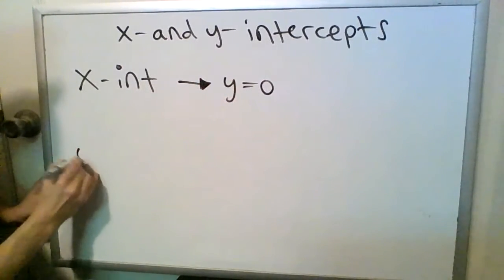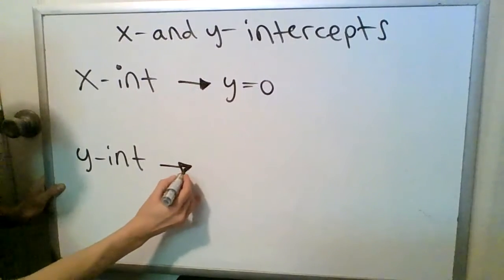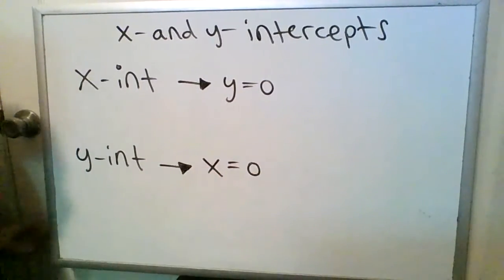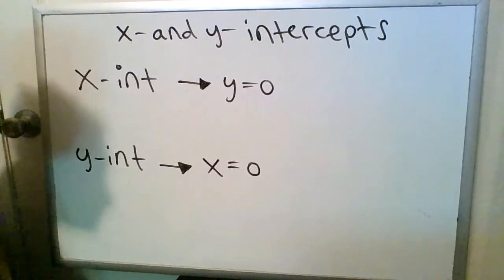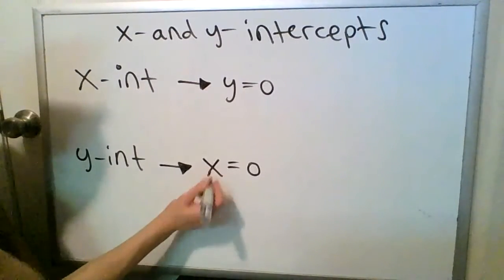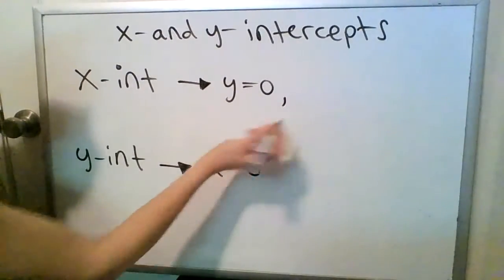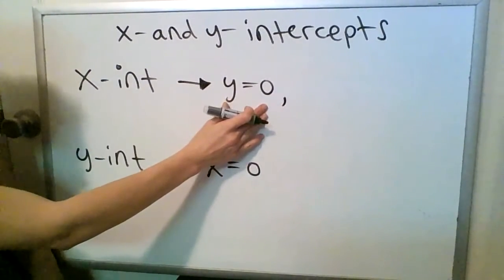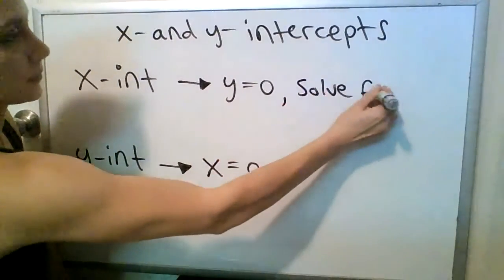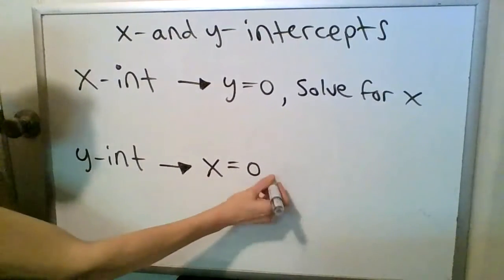Find your y-intercept by letting x equal 0. When y equals 0, you'll continue to solve for x. If x equals 0, solve for y.